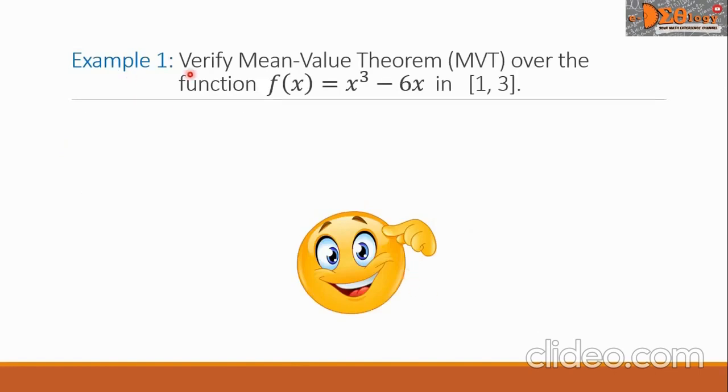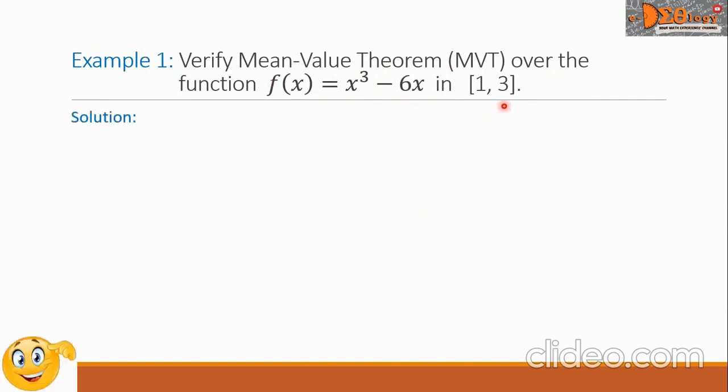Example 1. Verify mean value theorem, or MVT, over the function f of x equals x cubed minus 6x in the closed interval from 1 to 3. For our solution, we know that two conditions must be satisfied.